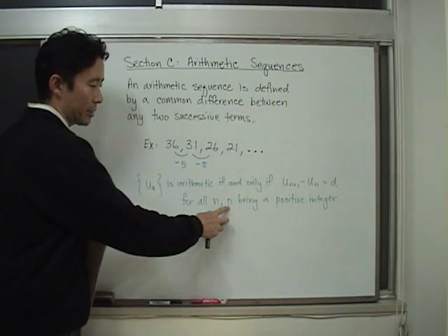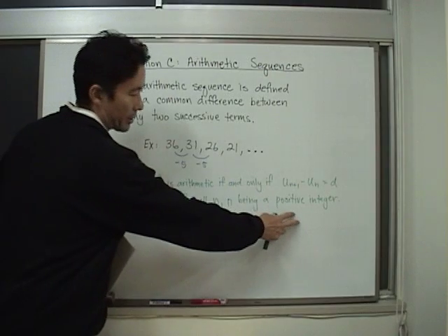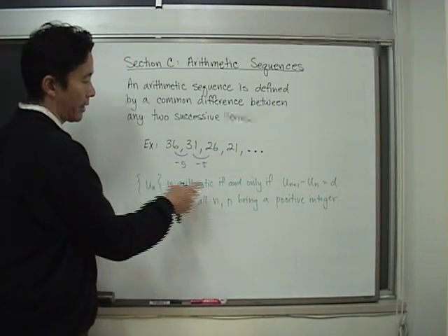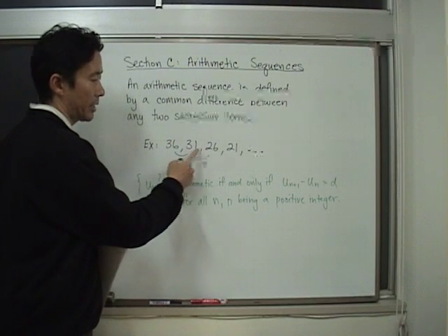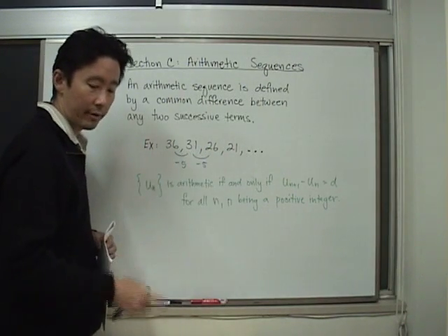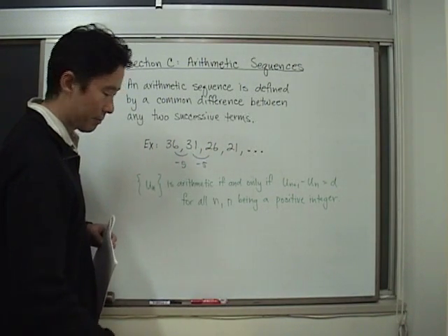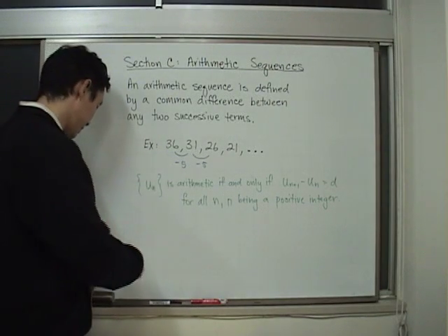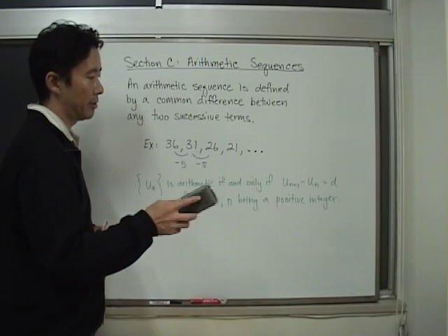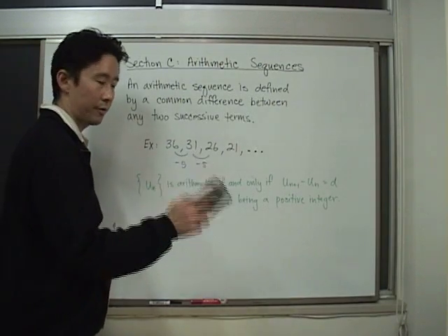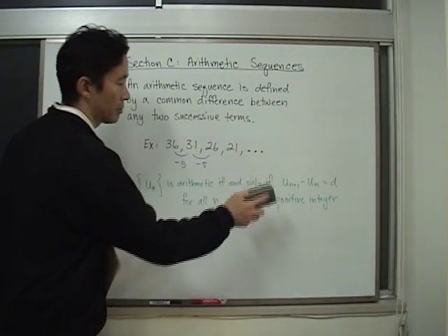Okay? And of course, n is going to be a positive integer because this is the first term, that's when n is equal to 1, second term, third term, fourth term, etc. Okay, so what I would like to also note is that this is very specific mathematical language. We need to include a bit more sophisticated mathematical notation.